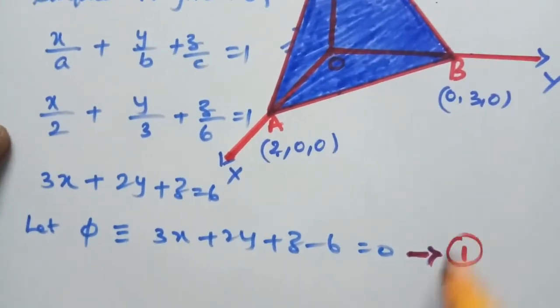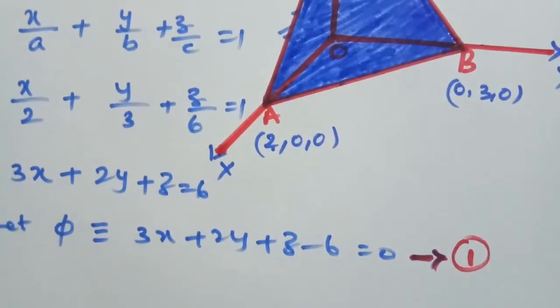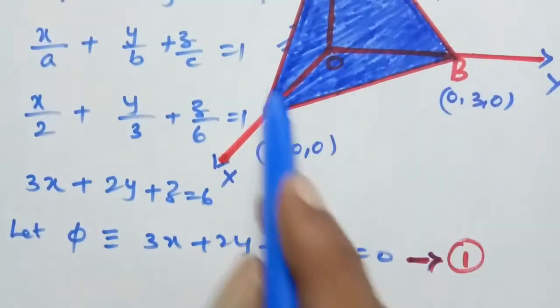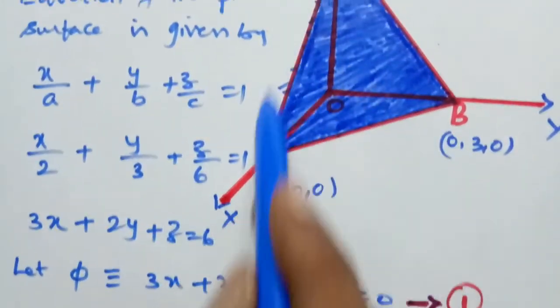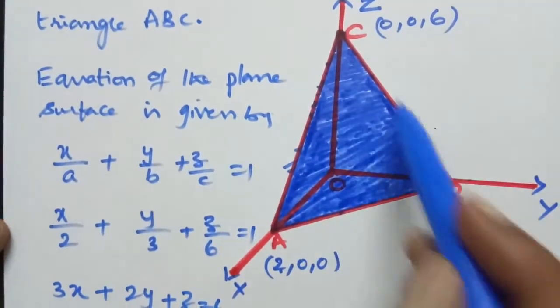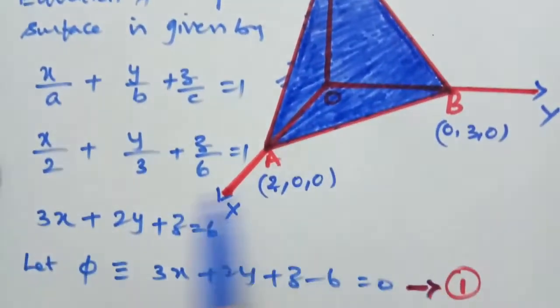Say this is equation number 1. Now this is the plane surface bounded by the triangle ABC, and we have written the equation of this plane surface in the intercept form.